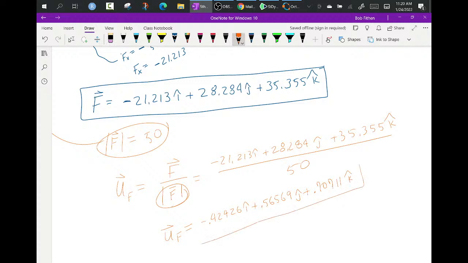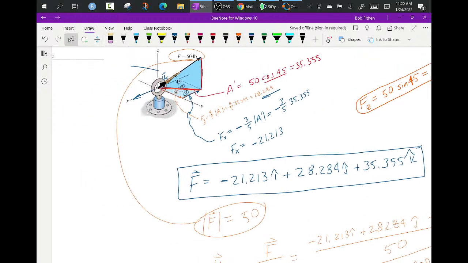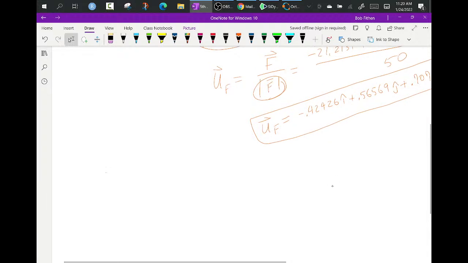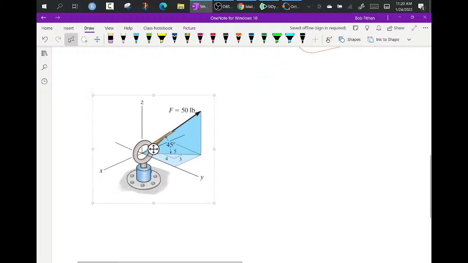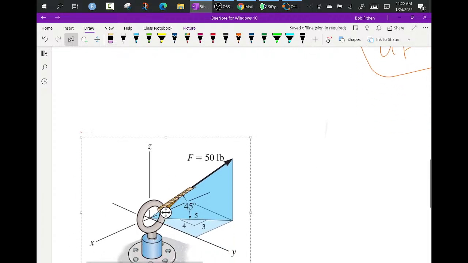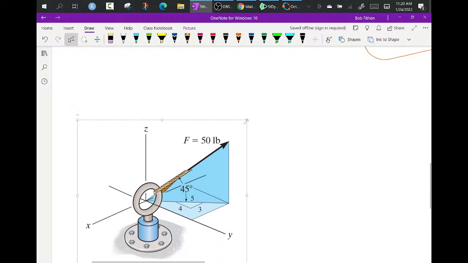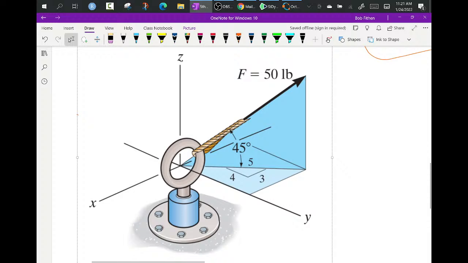Now that I have that, what am I going to do with it? Someone could ask: what is the angle between this vector and a vector that's going this way, and a vector going this way?